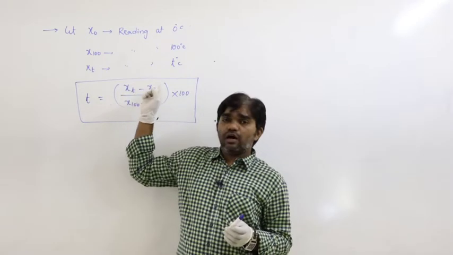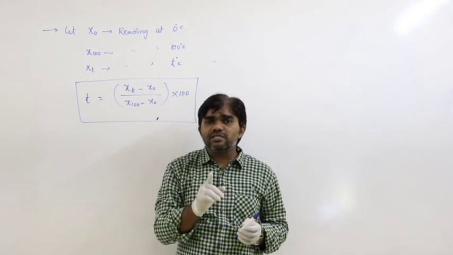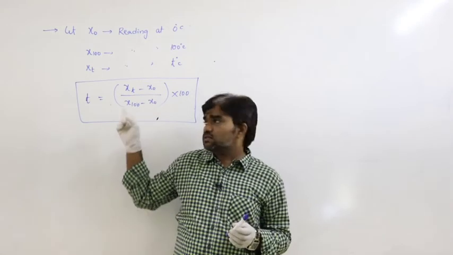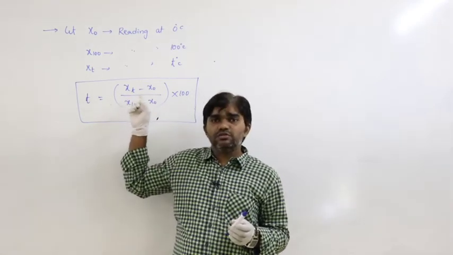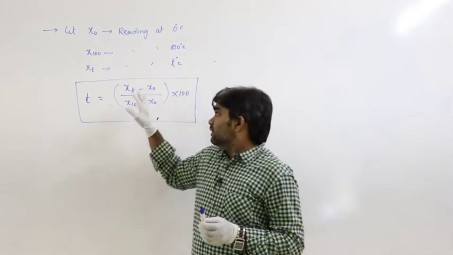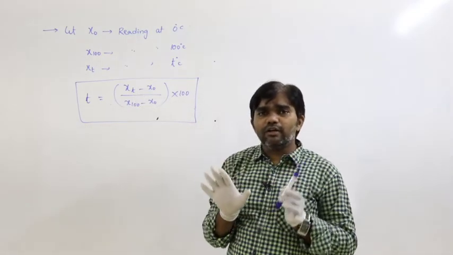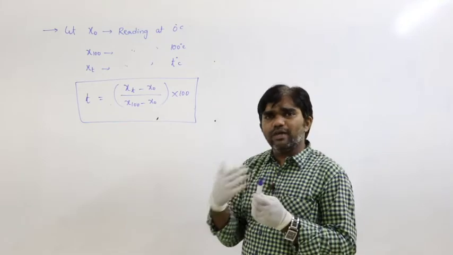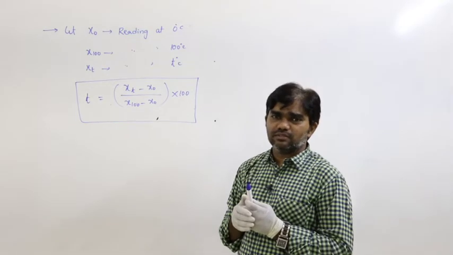So maybe pressure or volume we can use. In resistance thermometers, resistance varies, so resistance is used in this situation. So this X is an arbitrary value; X varies for different thermometers.